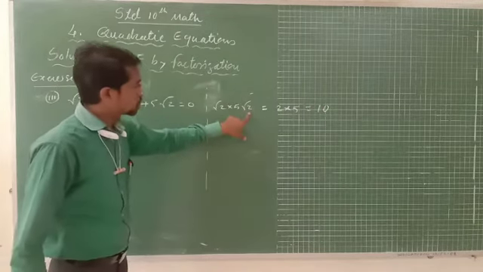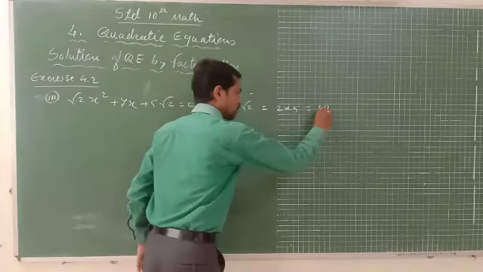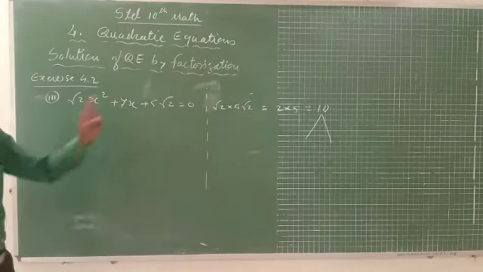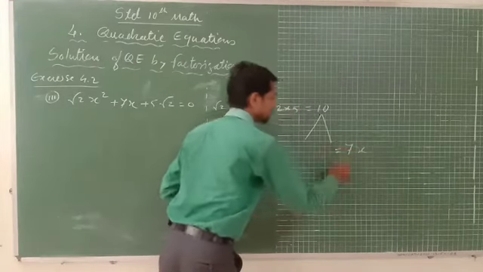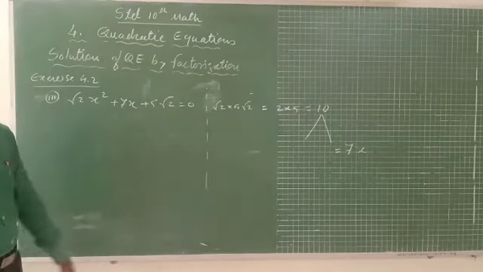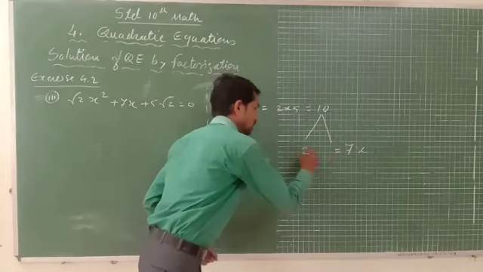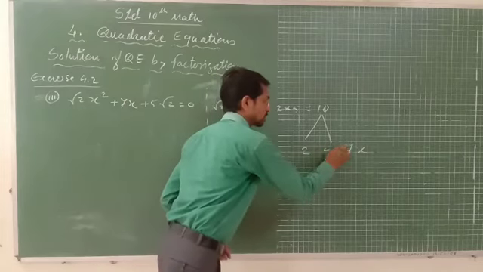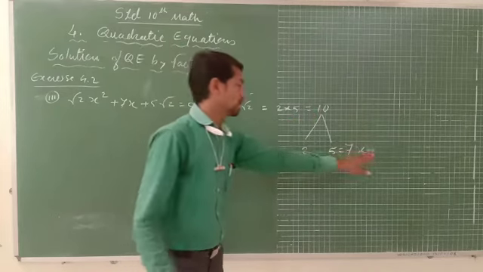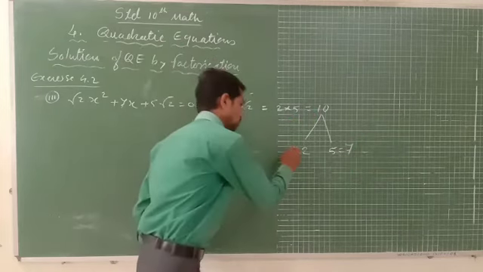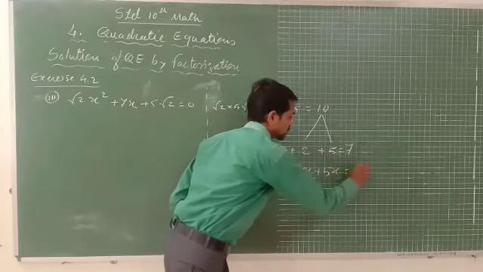So then find two factors of 10, whose addition is 7x. It's an easier question. So what are there? 2 and 5. 2 fives are 10. 2 plus 5 is 7. Okay, so both are positive. So means 2x plus 5x is equal to 7x.